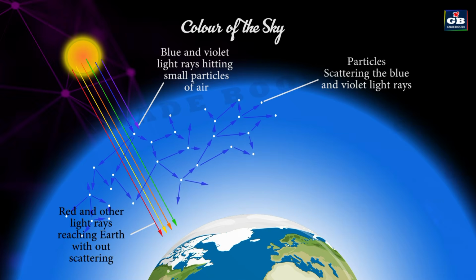As a result, when sunlight enters the atmosphere, the blue and violet wavelengths are scattered in all directions by these particles. It makes the sky appear predominantly blue during the daytime. This is the reason why we see the sky in blue color.